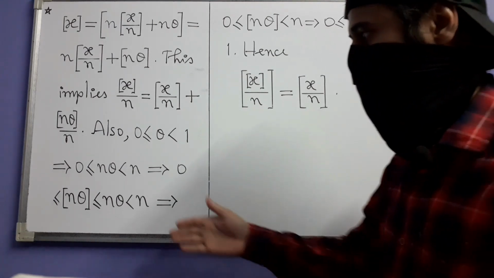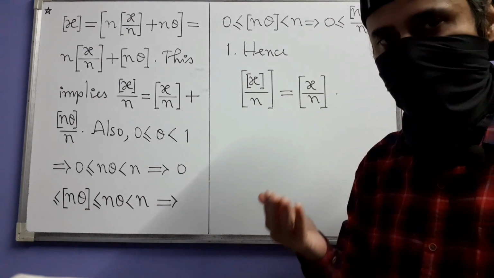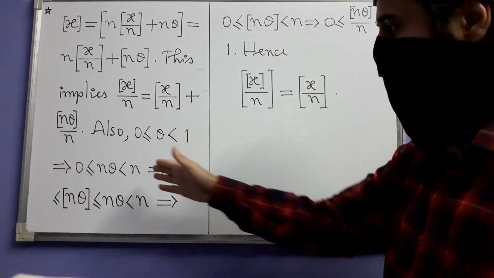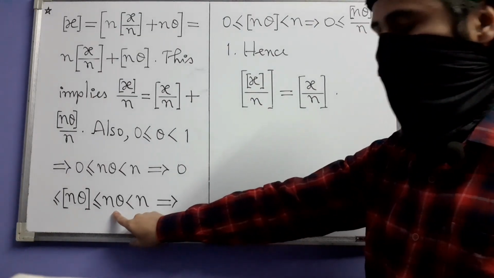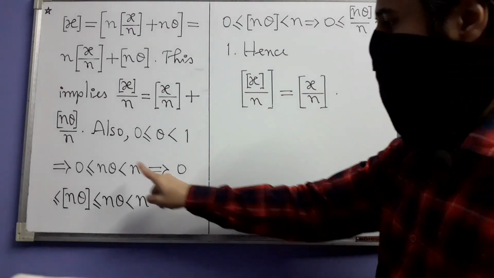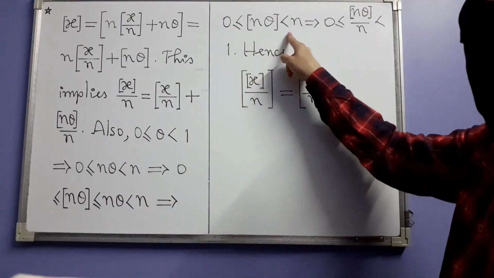But of course, by definition again, this is less than or equal to n theta, and n theta is already less than n. Now we forget n theta and write these inequalities: 0 is less than or equal to this greatest integer value, which is strictly less than n.